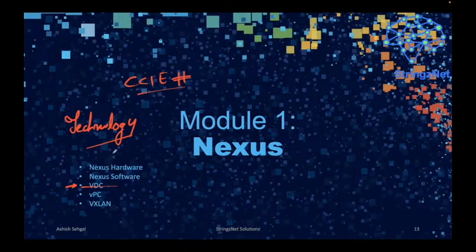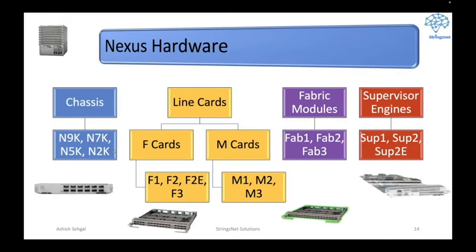Ours is a holistic approach to justify the number and not just to grab it. Grabbing the number is easy. You all know the different ways to grab the number. In Nexus hardware, this particular topic in module number 1 is not in the blueprint, but understanding the Nexus hardware is pretty important if you really want to justify your number.